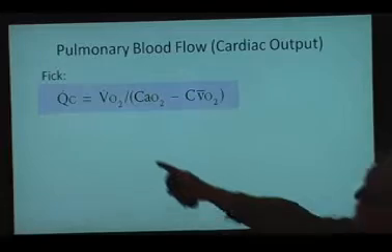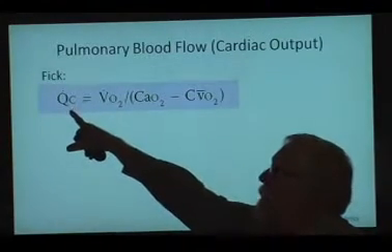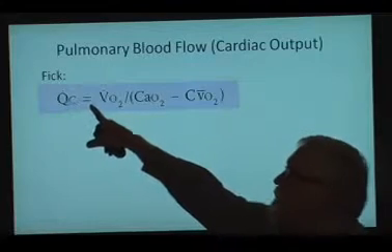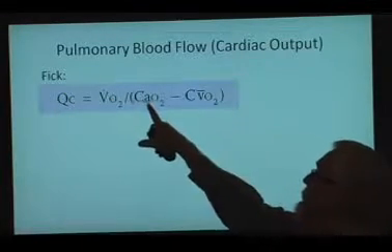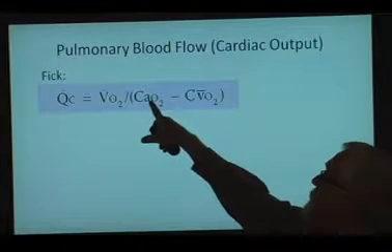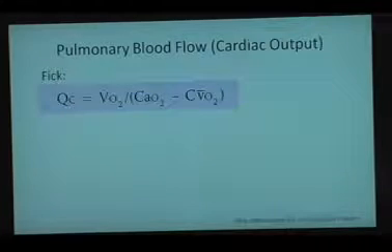And the Fick equation says that the amount of blood flow, the pulmonary blood flow or the cardiac output, is equal to the oxygen consumption divided by the difference between the arterial oxygen content and the mixed venous oxygen content.